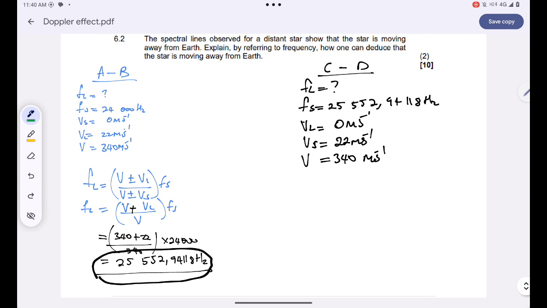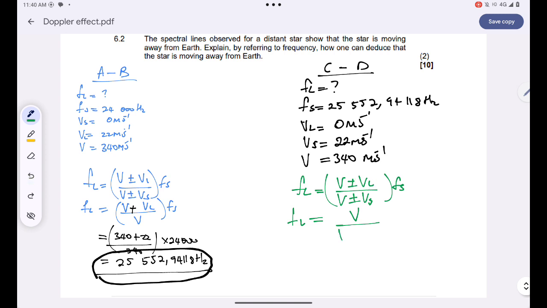Now they want us to find the reflected frequency detected by the device. Simply say FL is equals to V plus or minus VL all over V plus or minus VS times FS. Right now, guys, our listener is the one which is stationary, and hence our numerator will simply have the speed of sound only, because the velocity of the listener is 0.